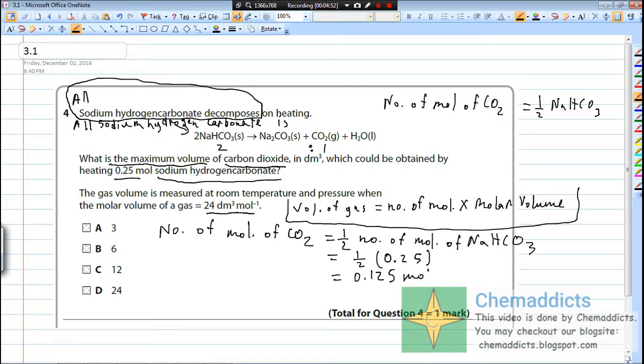So here we can also find, using this formula, the volume of carbon dioxide gas produced.